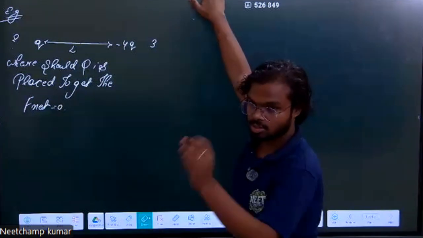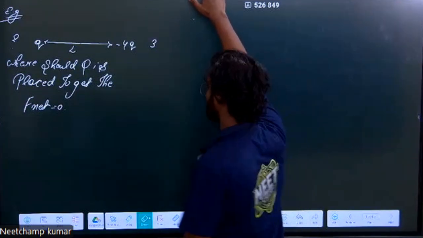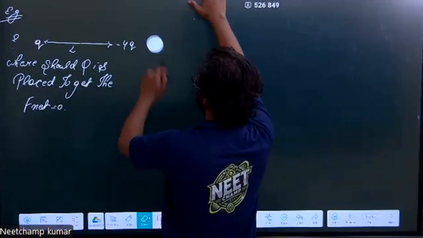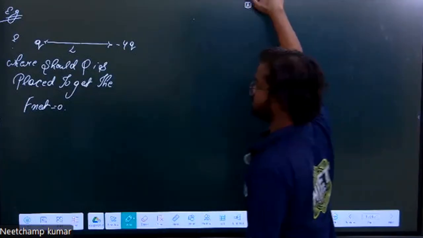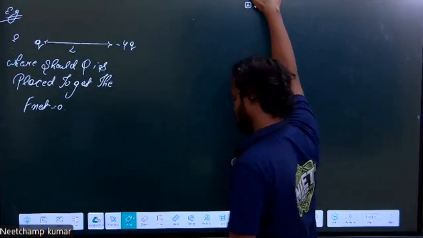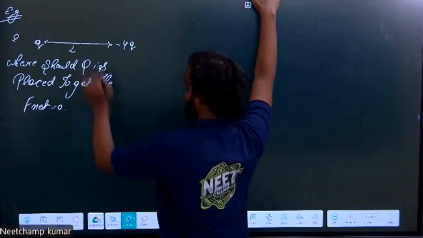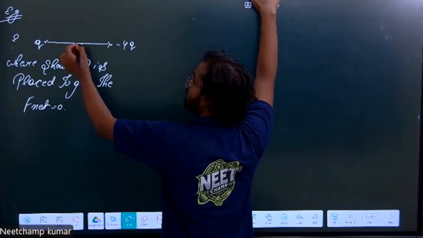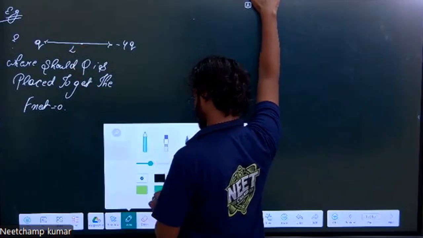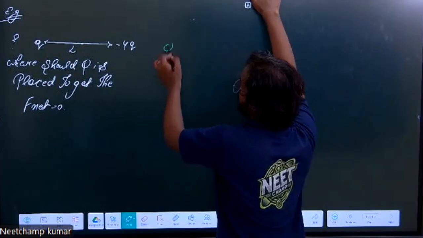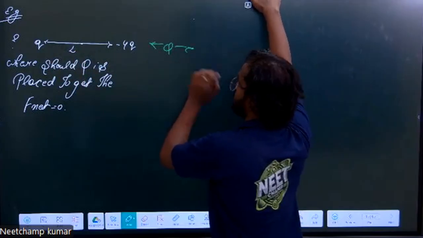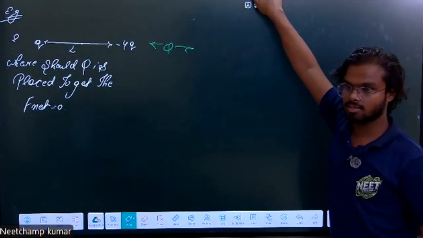Now we come to position number 2 and position number 3. Let us check position number 3 first, because one person has said position number 3. Suppose I am placing the charge at position number 3. Then what will happen? This charge will attract in this direction, but this charge will repel in this direction, right?